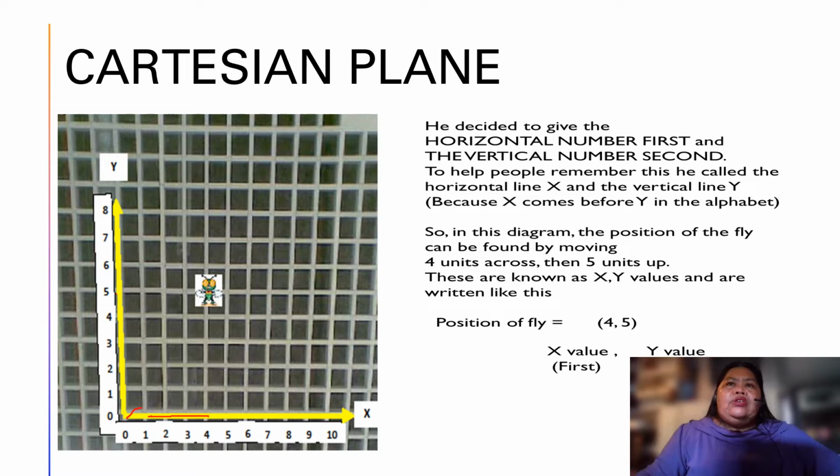So these are known as the x and y values and can be written as 4 and 5. So remember, x is always followed by y. So the x value is the first and the second is the y value.